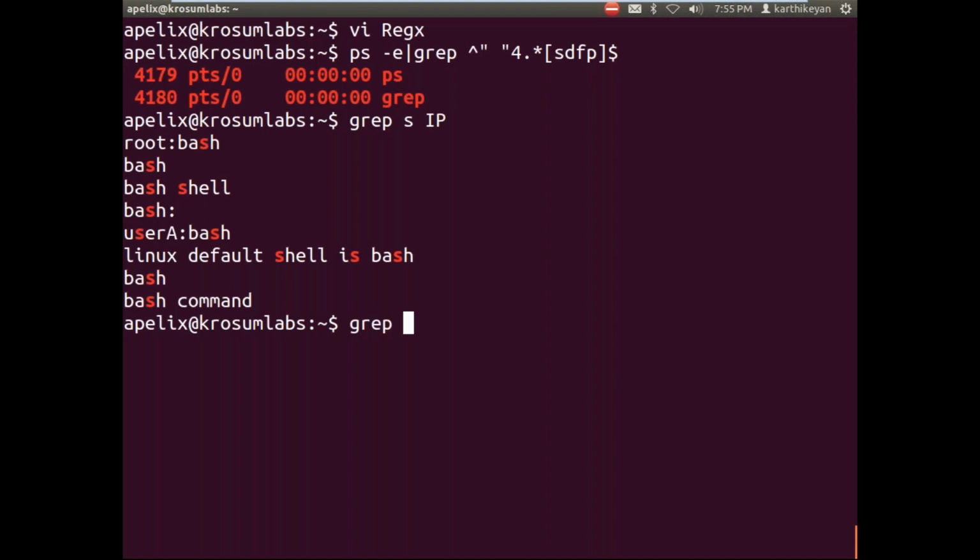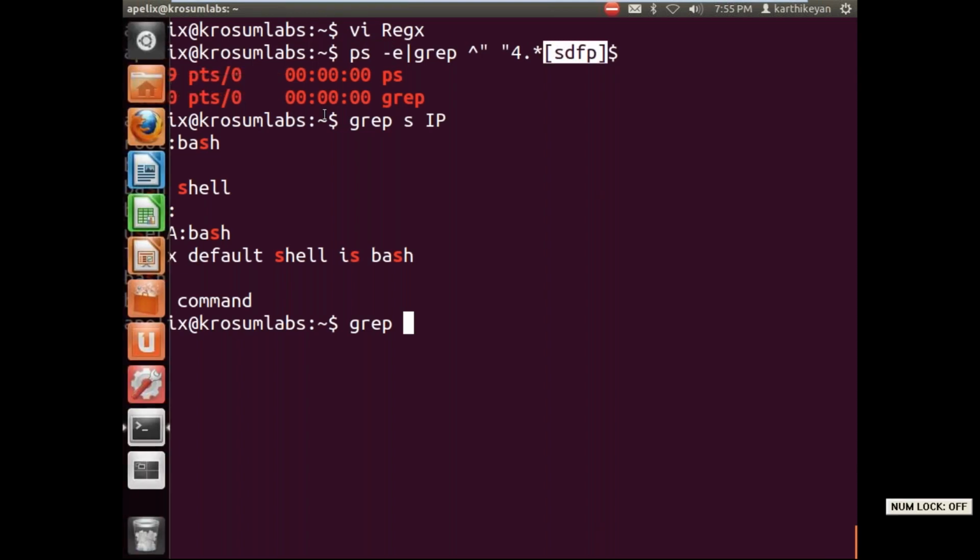And with grep, as in the above example, the dot star means search all characters. It ends with S, D, F or P. If I do not mention the end dollar sign, it will search whatever is in the bracket in the middle portion.